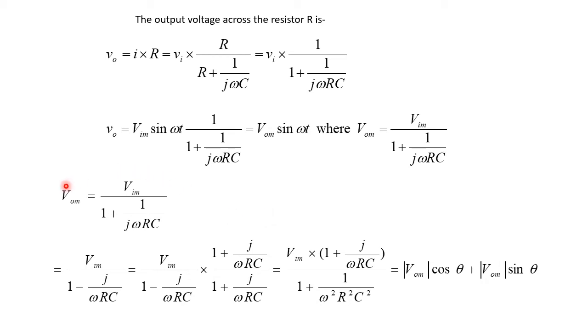The only difference is that the amplitude of the output signal is reduced by this factor. This is the amplitude of the input signal, and when it is divided by this quantity, it becomes the amplitude of the output signal. So this is the difference which the high pass RC circuit has introduced in the applied signal.